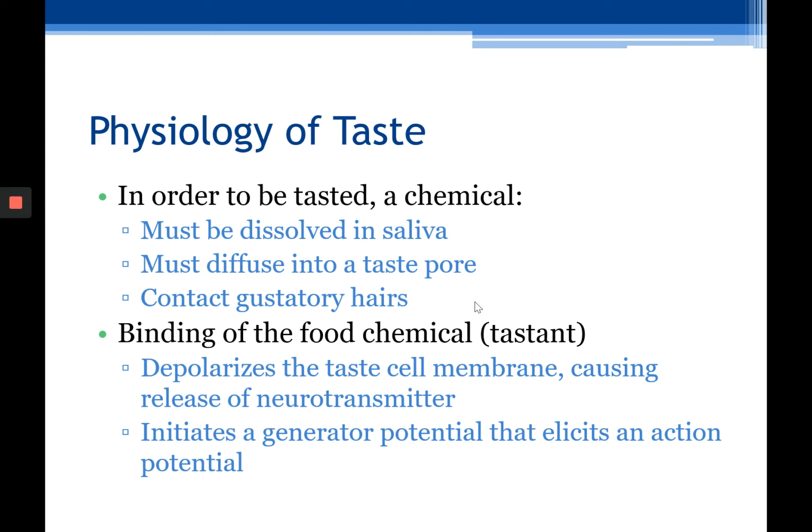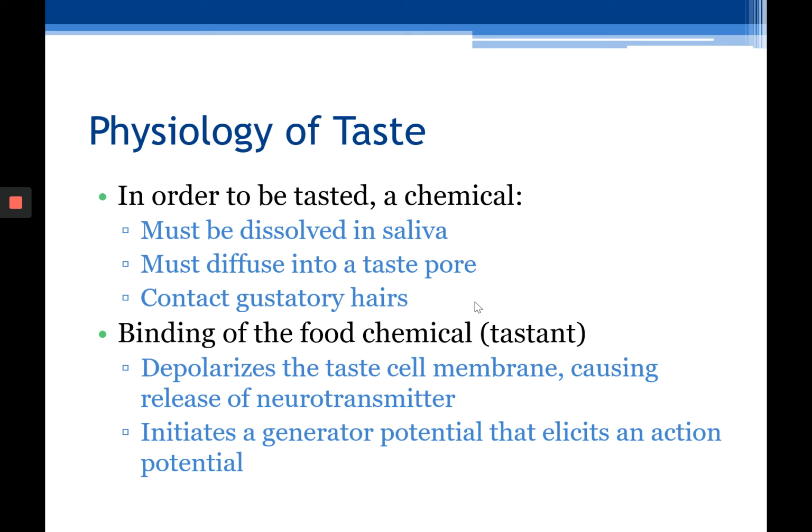The physiology of taste is also pretty simple. First and foremost, as a chemoreceptor sensation, we have to have the chemical being tasted dissolved in a solution. For taste, that's saliva. That chemical dissolved in a solution must reach a taste pore and come into contact with the gustatory hairs of the gustatory cells.